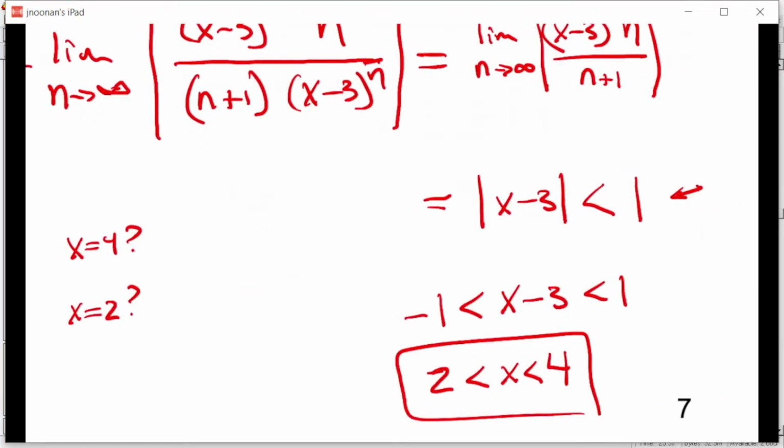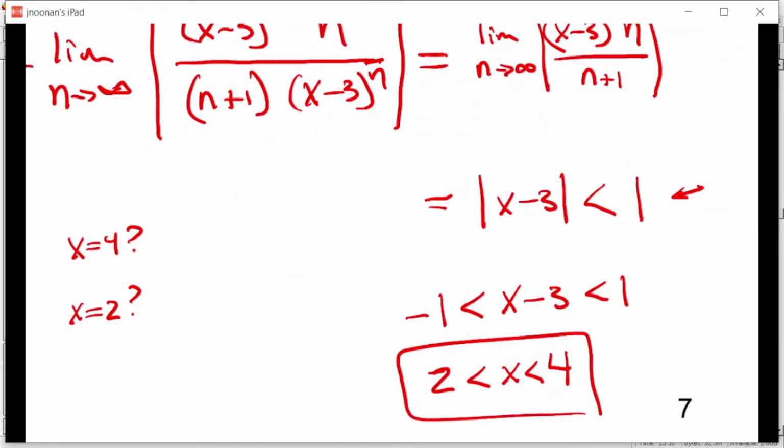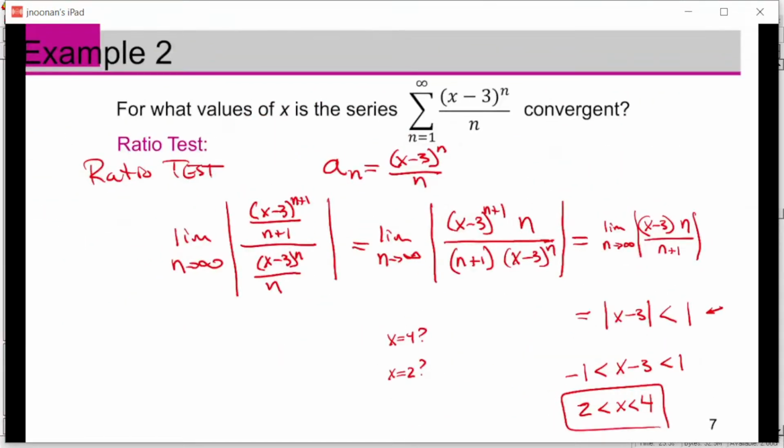And the answer is we don't know, because when you do the ratio test, if you put x equals 4 into here, your limit is 1, and same thing goes with this. The limit will be 1, and when the limit is 1, you don't know. And so you actually have to do the work to figure out, and I'll bet this won't take long.